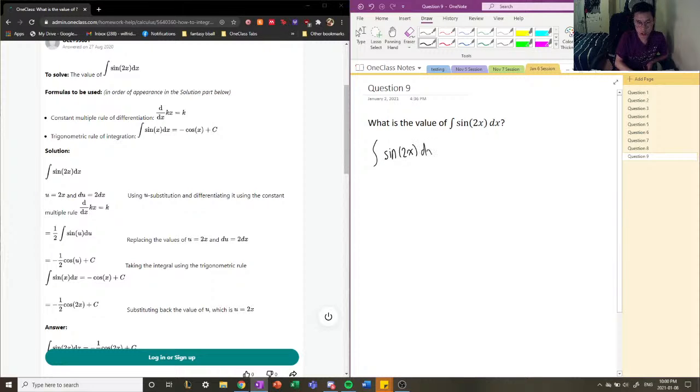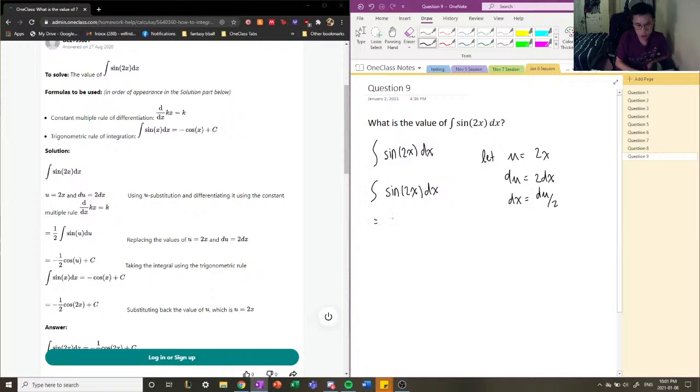Okay, so I'm going to let u equal 2x, that means du is equal to 2dx, okay? So if I were to sub in our variables here, we have the integral of sine of 2x dx.